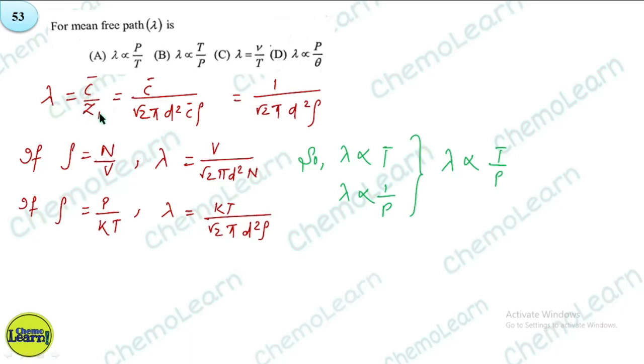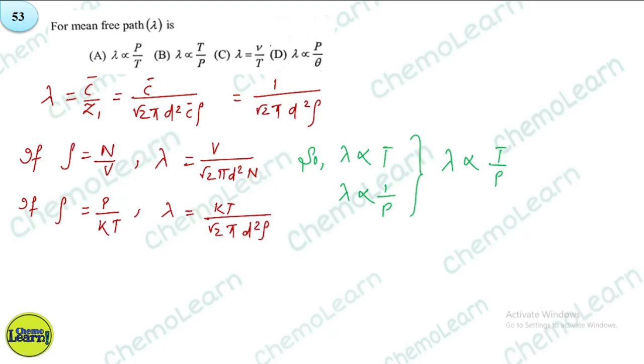So the collision number has the expression root 2 pi d square c bar rho. So lambda will be equal to 1 by root 2 pi d square rho, and if rho equals n by V, lambda will be V by root 2 pi d square n, and if rho equals P by kT, lambda will be kT by root 2 pi d square P. Okay.